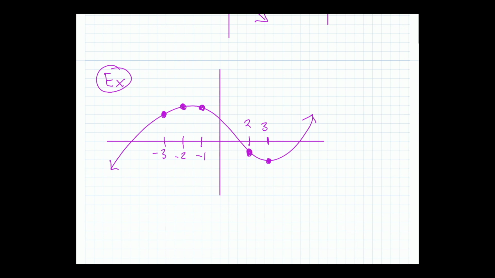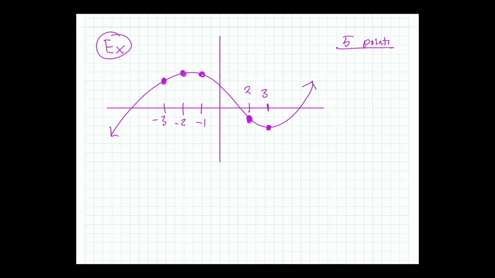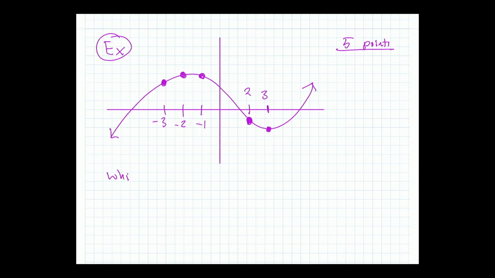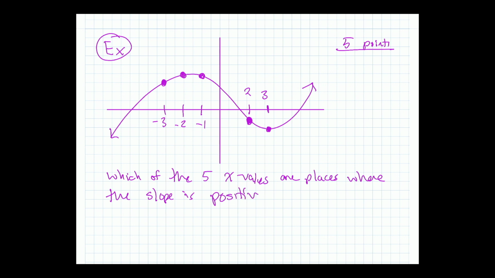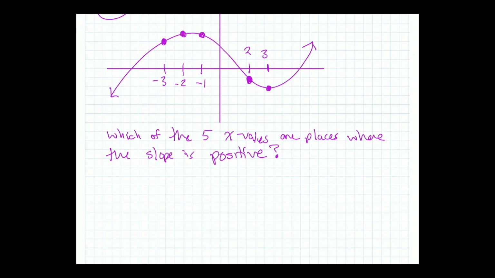All right, so I have 5 points here. They're going to ask which of the 5 x values are places where the slope is positive. And then we're going to do negative and 0 as well.